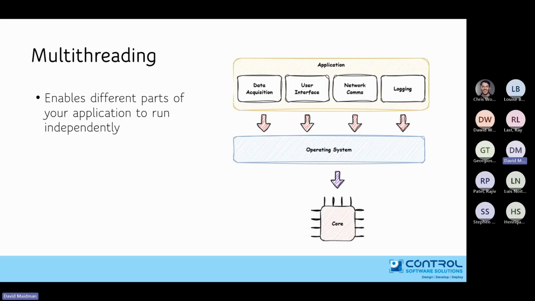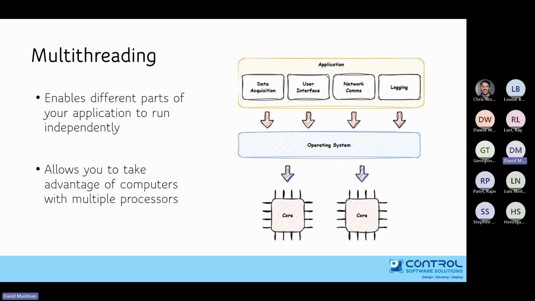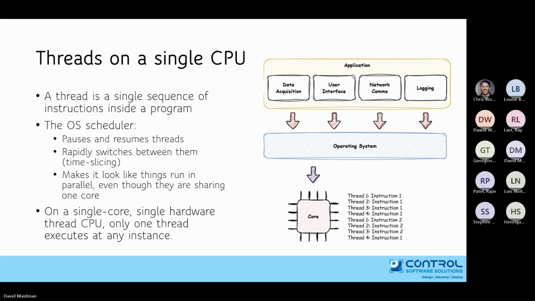So it allows different parts of our application to run independently. It also means that we can make use of multiple processors if they're available. But from the software point of view, from our application, things don't change. We just still write our application that runs on the operating system. The operating system distributes the work.